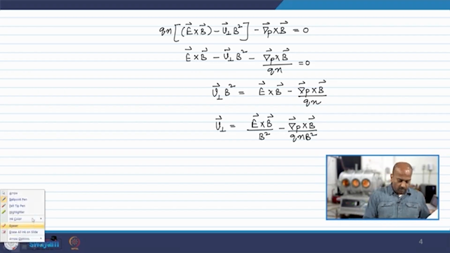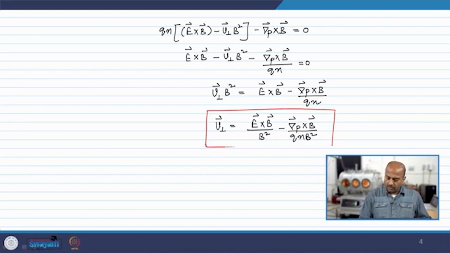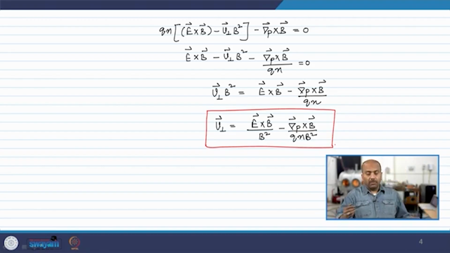So, what is this expression? This is for v perpendicular. Now, we have to understand that the v perpendicular velocity represents the motion perpendicular to the direction of the magnetic field, but at the same time v perpendicular carries information about the pressure gradient, because we have taken the pressure gradient to be perpendicular to the direction of the magnetic field.